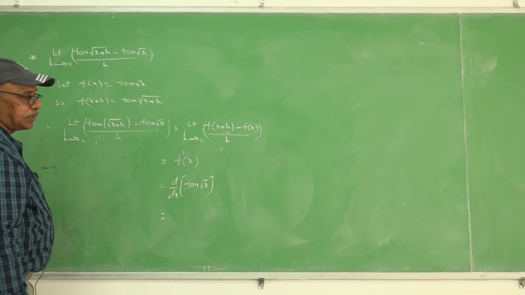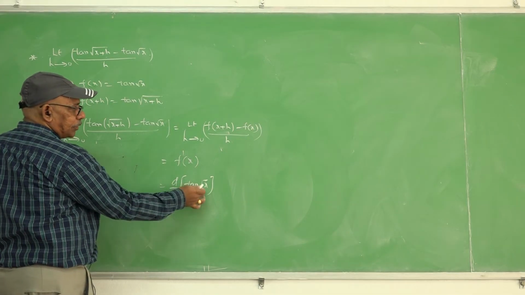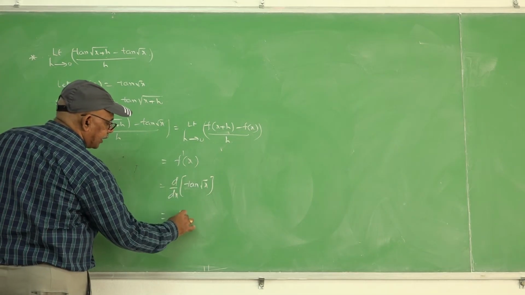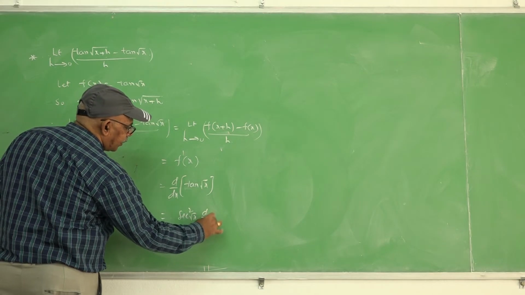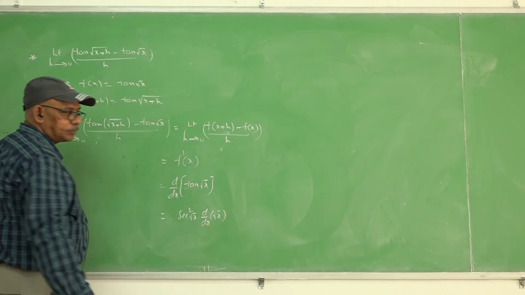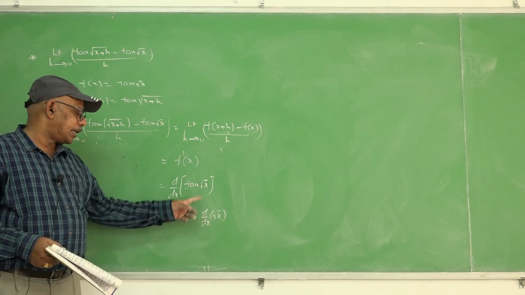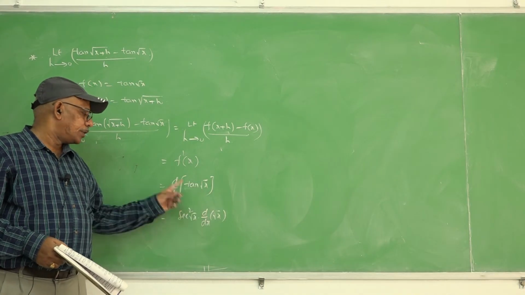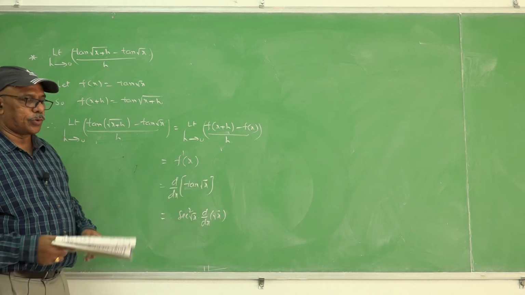So, the limit is equal to the derivative of tan root x, by function of function rule. For the tan function, the derivative is secant square of root x into the derivative of root x. For the tan function, the derivative is secant square. Here the angle is root x, and this is also a function of x, so d by dx of root x. I am applying the function of function rule.